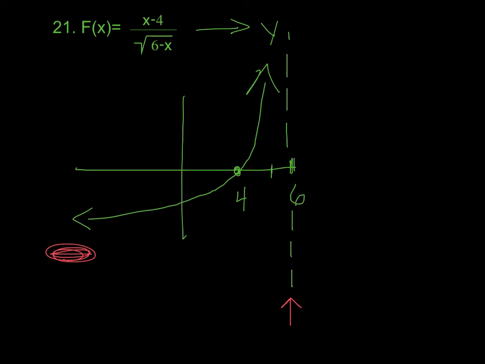So we're really going from negative infinity all the way up to 6, but I can't include the 6. And remember, with negative infinity, we never include that either because that goes on forever and ever. And the choice that best represents that would be choice 4.